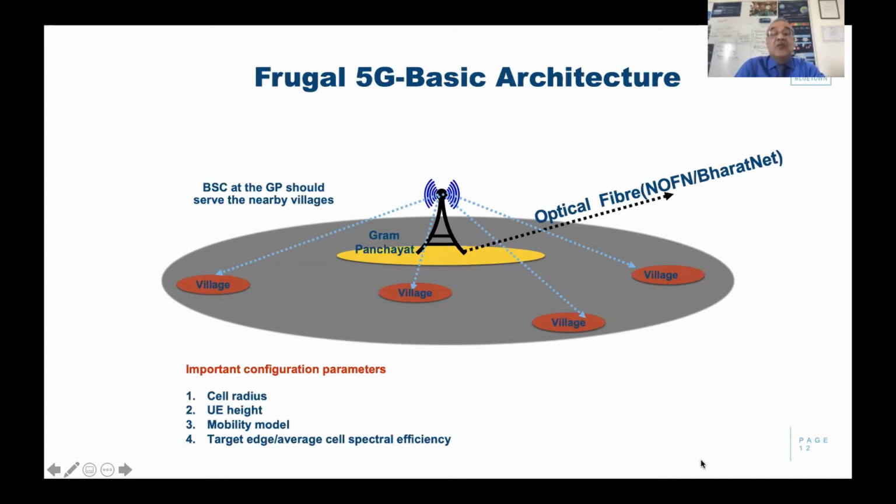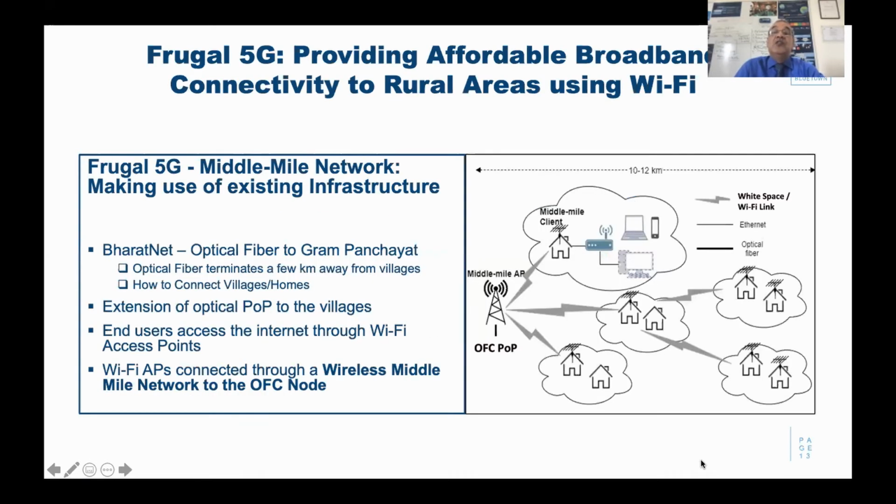There has to be a tower so that line of sight can be achieved. Mobility modeling has to be done, what speed you want, and target edge average cell spectral efficiency. So these are the configuration parameters used for designing a system for frugal 5G.